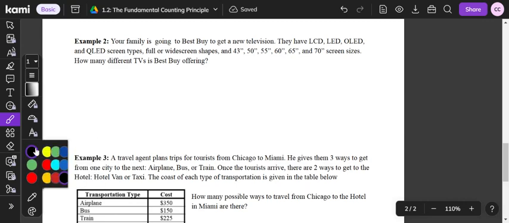So once again, just figure out how many categories of choices you have and how many choices within each category do you have. So first we have screen types, right? So it looks like we have 1, 2, 3, 4 different screen types.